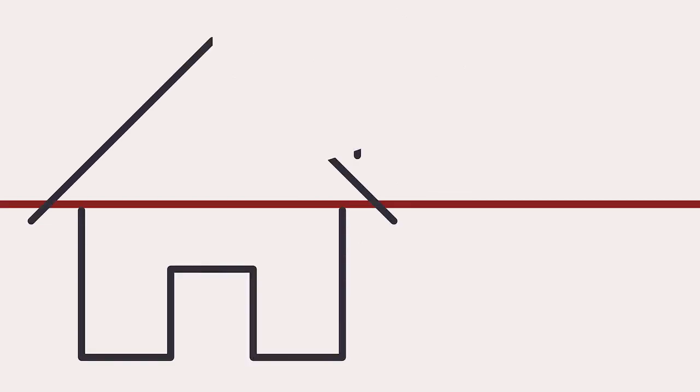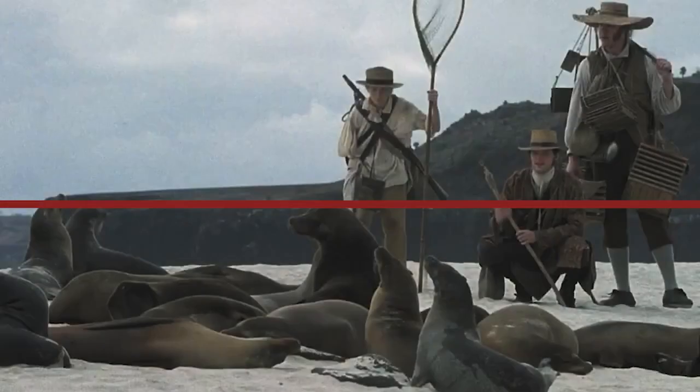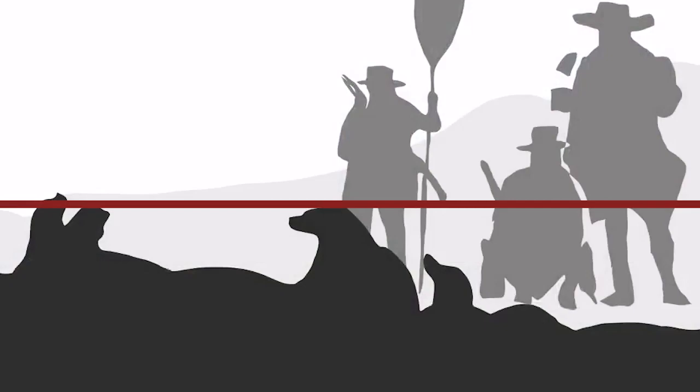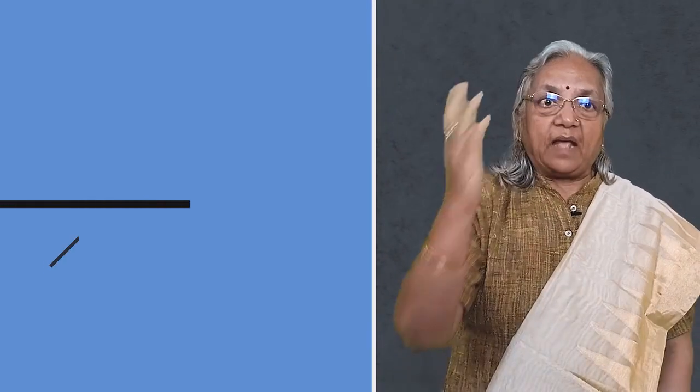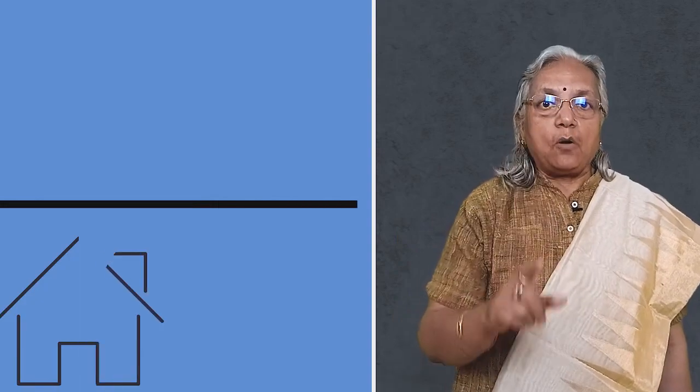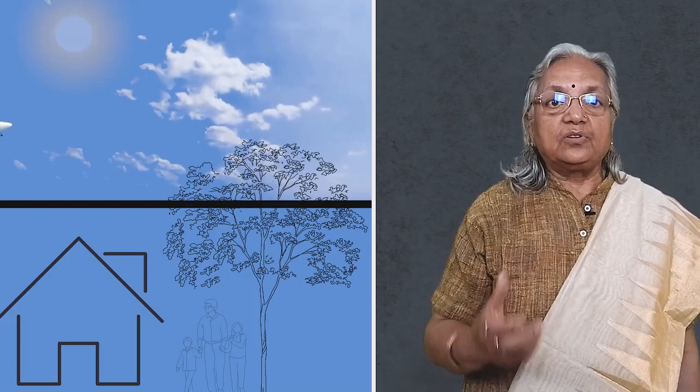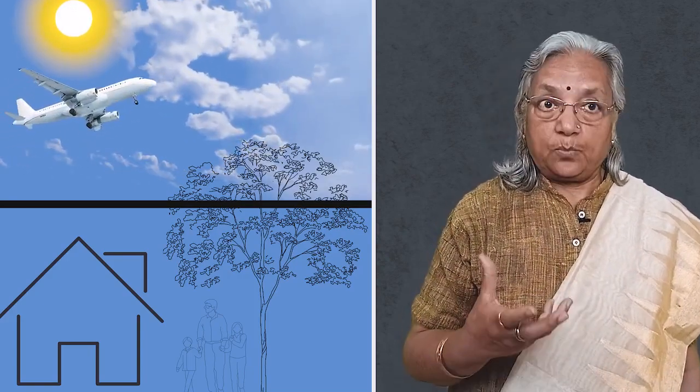Trees, homes, and people can be near or far away, but they will always be on the ground. What we draw above the horizon can only be forms that belong to the sky, say clouds, the sun, moon, or maybe an aeroplane.